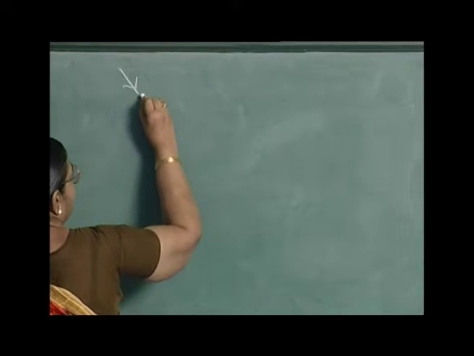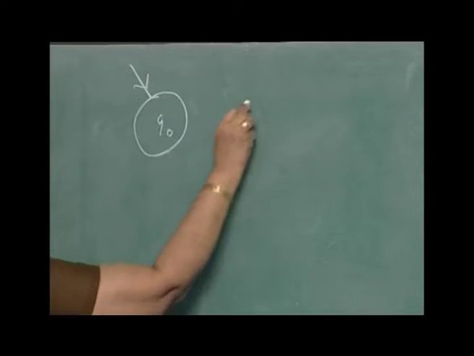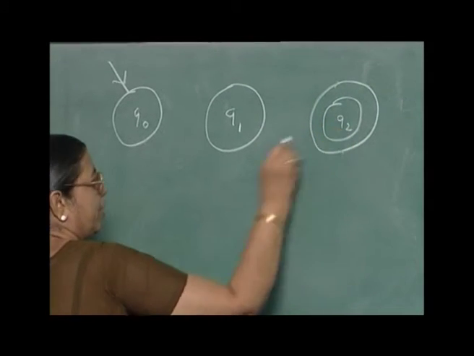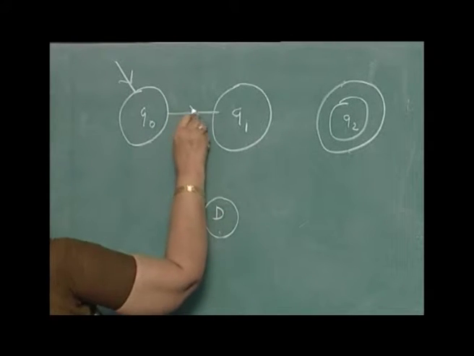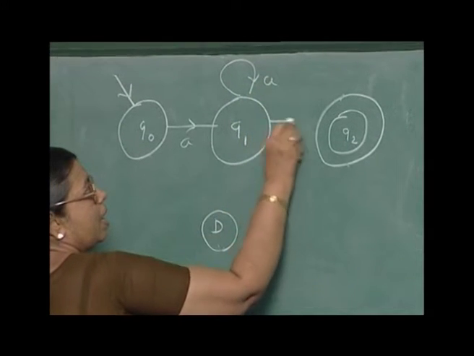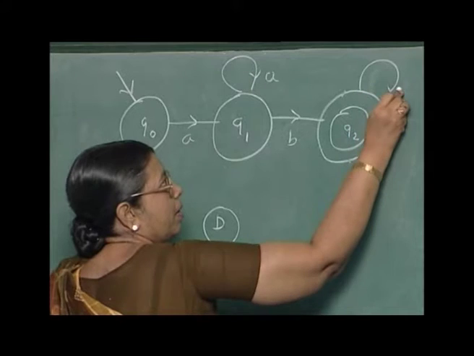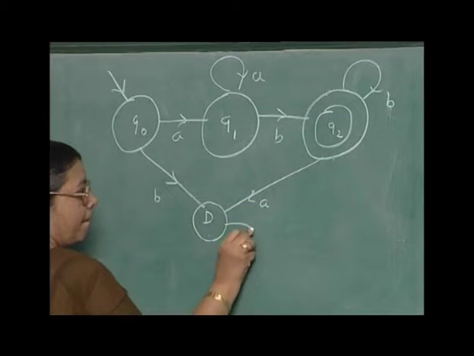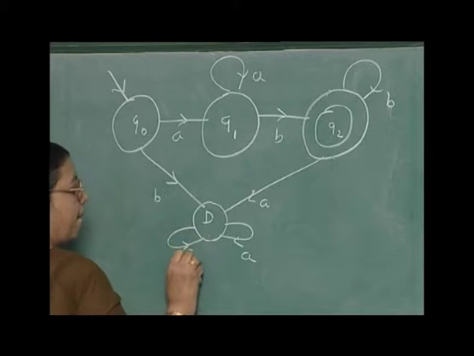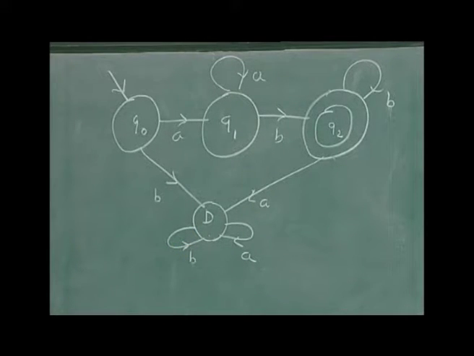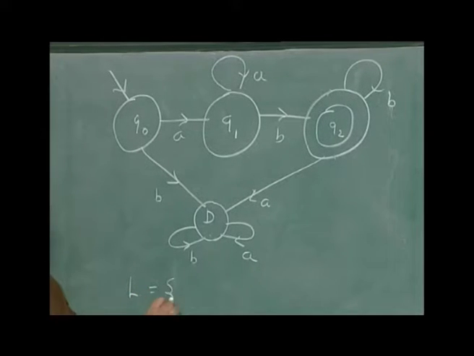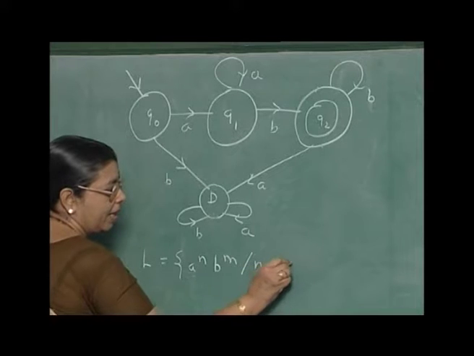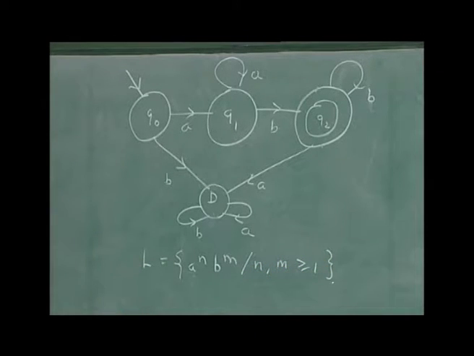If you remember, this is the deterministic automaton we had for this: Q naught, Q1, Q2 with a dead state, A, B and then B. This was a deterministic automaton which accepted the same language L is equal to A power n, B power m, a string of A's followed by a string of B's, where n, m are greater than or equal to 1. There should be at least one A and one B.